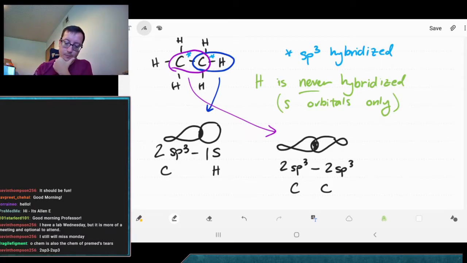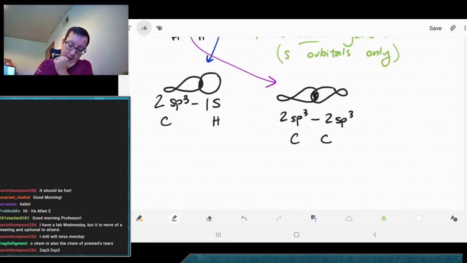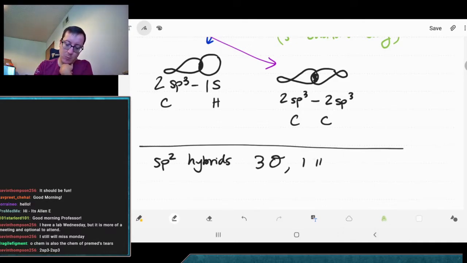Cool. If we were now to start throwing in double bonds, we can take a look at a few molecules like that. Let's look at sp2 hybrids. That means that we're going to have 3 sigma 1 pi for anything that's an sp2 hybrid.